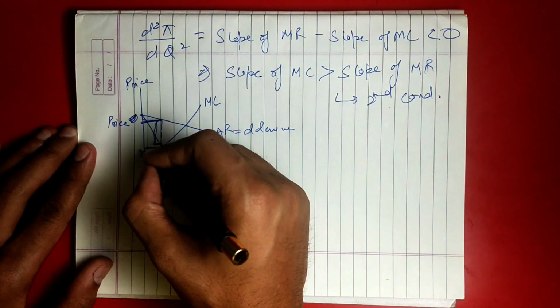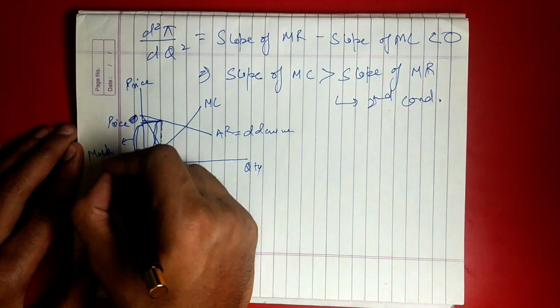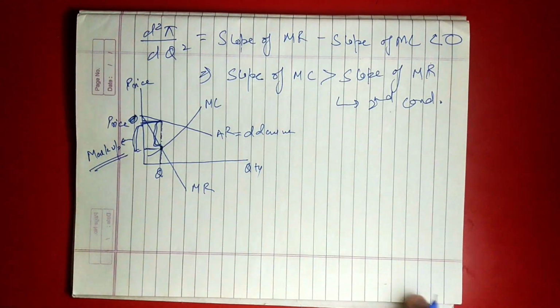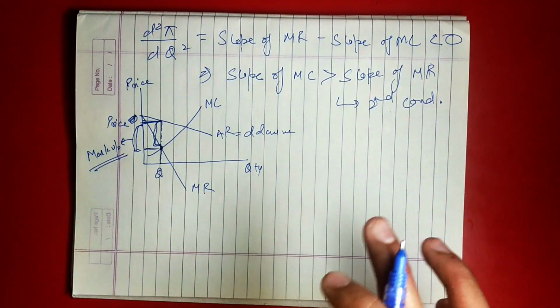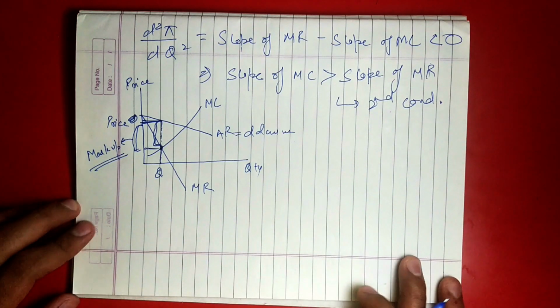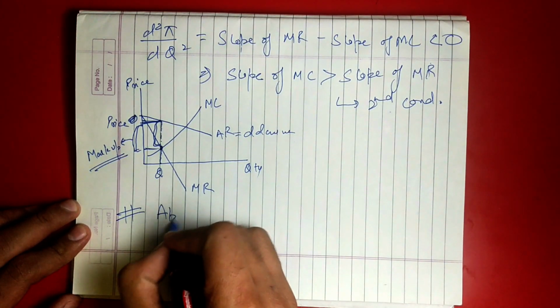The higher price he is charging is this, and this is known as markup, right? Also, I told you in the starting that he can decide only one thing, either price or quantity, right? So now we will move on to the absence of supply curve in monopoly.